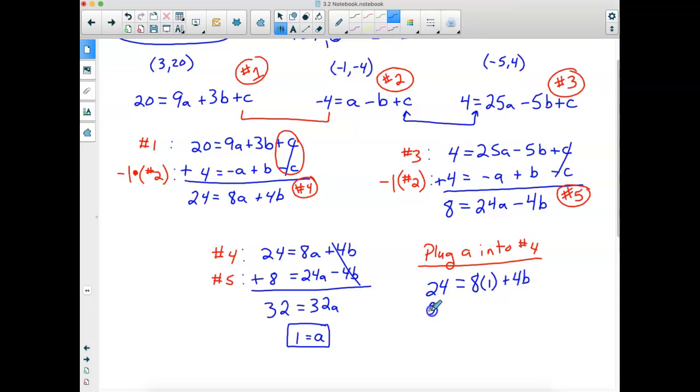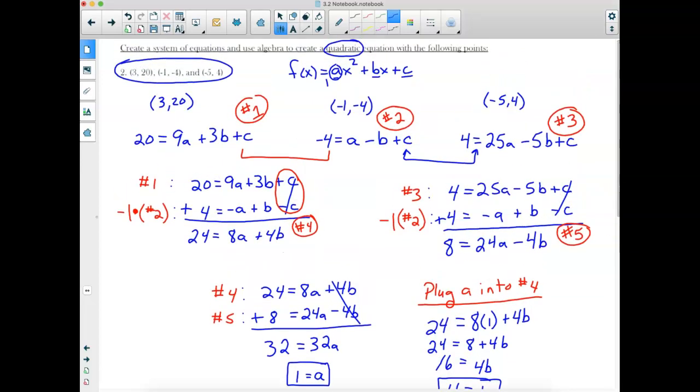Well, that gives me 24 equaling 8 plus 4B. That tells me 4B equals 24 minus 8, which is 16. So B actually has to equal 4. So now I just found out B equals 4, and when I write my function, I know that guy is going to be 4.